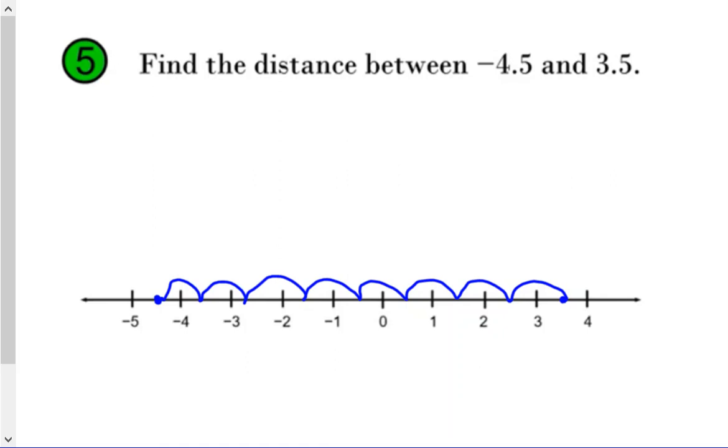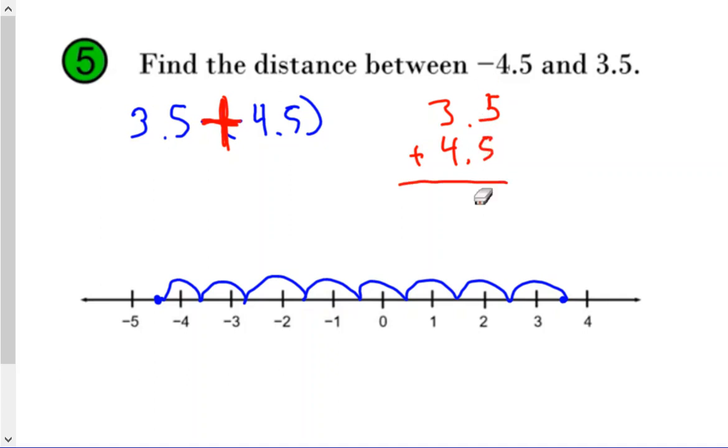And just so we can check our answer, let's do it mathematically. The bigger number, which is 3.5, minus the smaller number, which is negative 4.5. And again, remember, when we are subtracting a negative, it's the same as adding a positive, so we can make this a big positive sign, and that will be 3.5 plus 4.5.